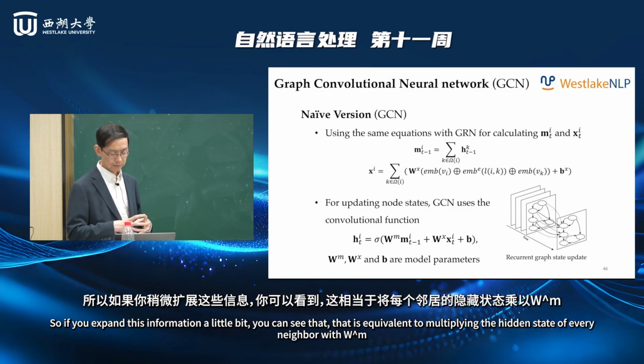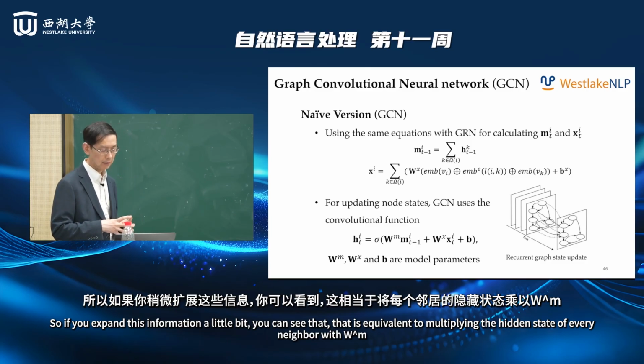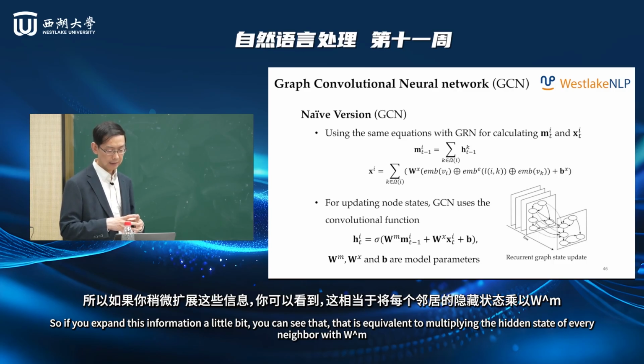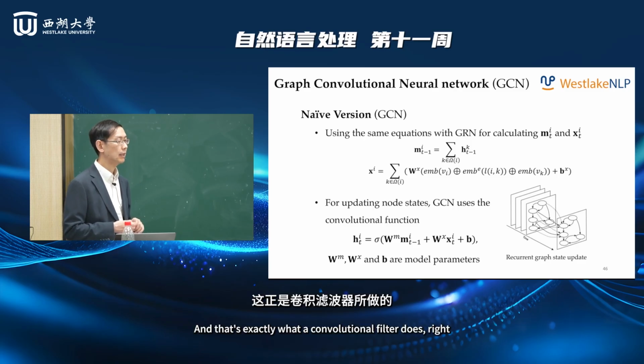So, if you expand this information a little bit, okay, you can see that that is equivalent to multiplying every h_k^{t-1}, multiplying the hidden state of every neighbor with Wm, right?